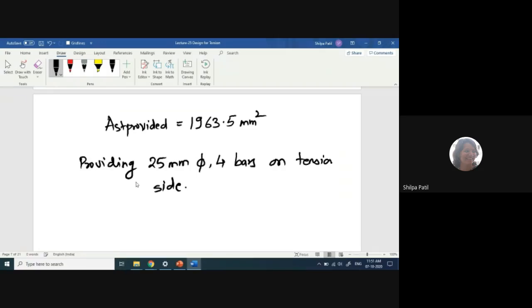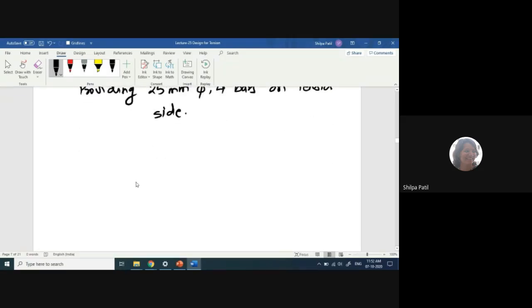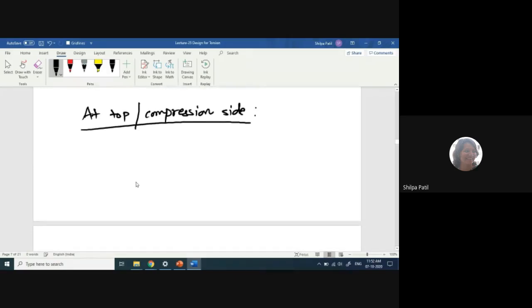Okay. Now the next we have to calculate the area at the top, that is at the top or compression side. So this AST is calculated for ME2 value.